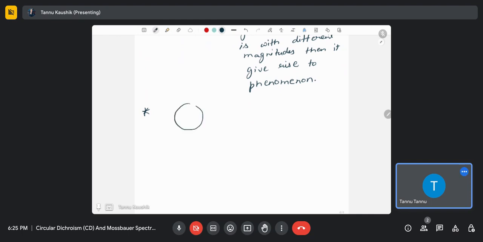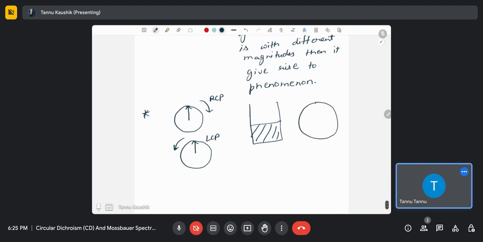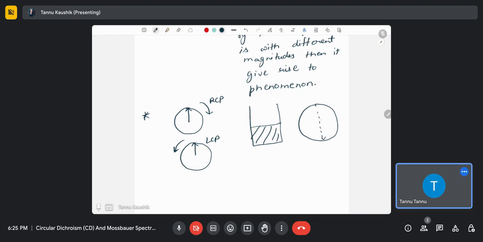So this right hand circularly polarized light and left hand circularly polarized light, when passed through a sample, we get a resultant optically rotated light in different directions, and the angle at which this light is rotated is called phi, and the effect is called optical rotation, that is rotation of light at a certain angle, which is this angle phi.